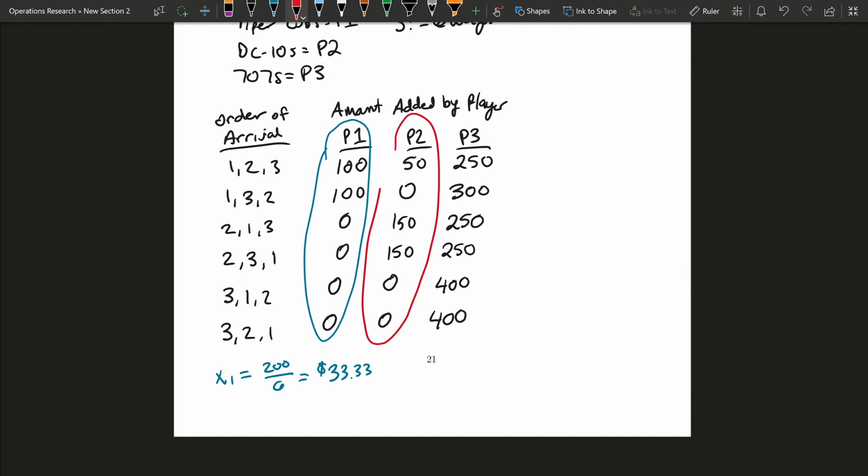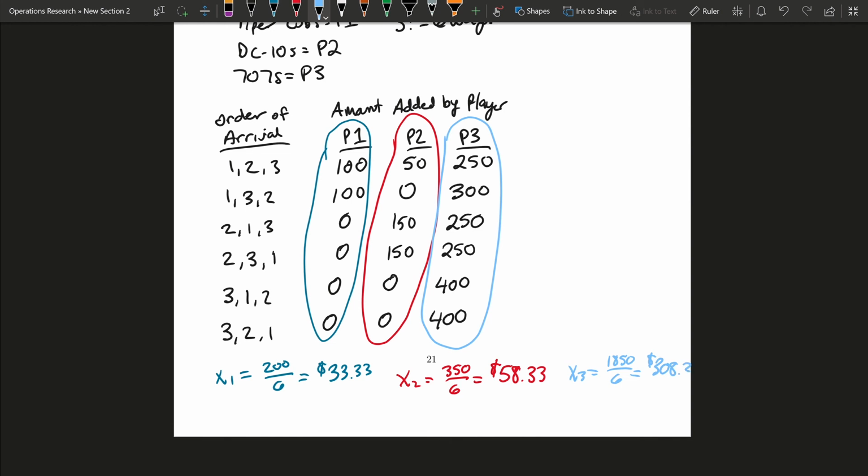For player 2, or x2 in our reward vector, we add 50 plus 150 plus 150, or 350 over 6, which is going to be 58.33. And then for player 3, 250 plus 300 plus 250 plus 250, so 500, 800, 1050. Okay, so we've got 1850 over 6 here, and that's going to break down to 308.33.